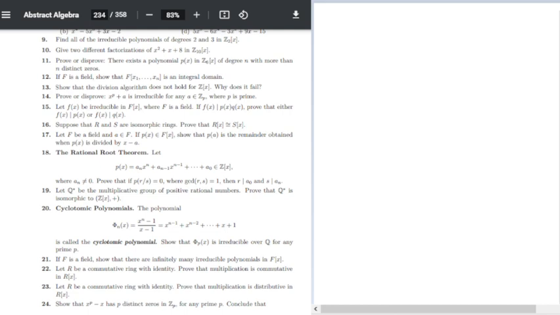Another way you can say it is that F is an integral domain implies that F[x] is an integral domain.